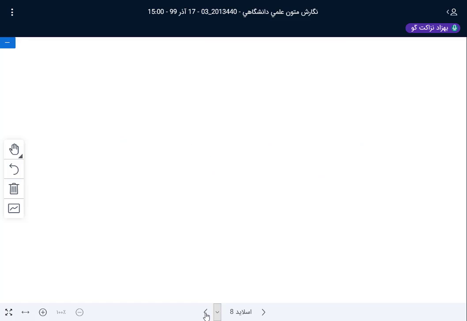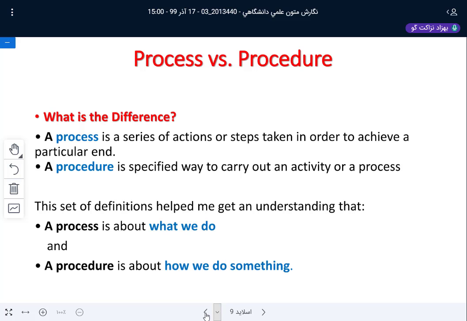But let's see what is process analysis. Another name for this type of essay is a process essay. But I prefer to use process analysis because process is a step-by-step movement from beginning point to end point.